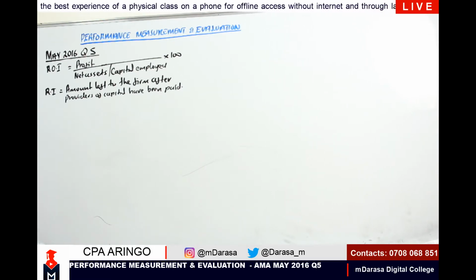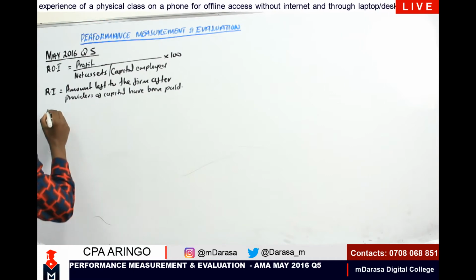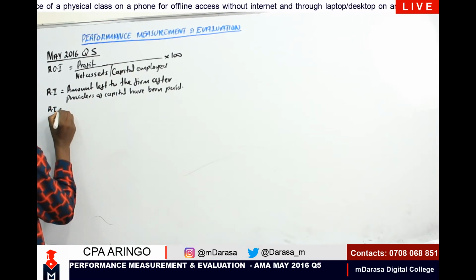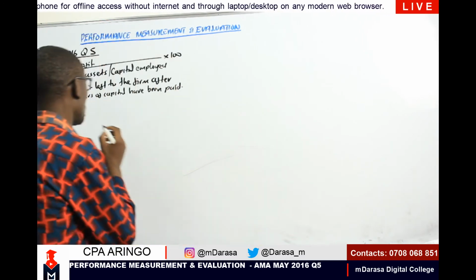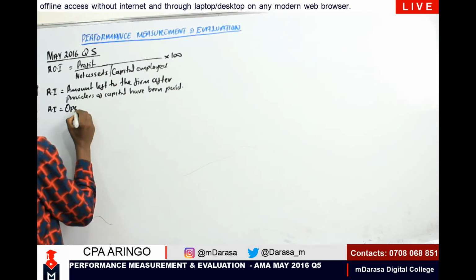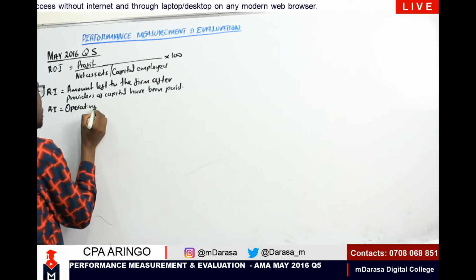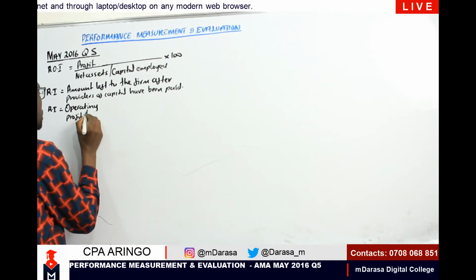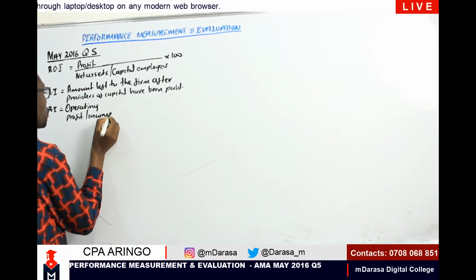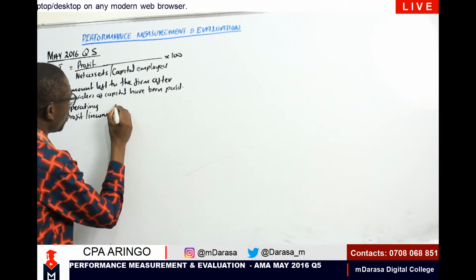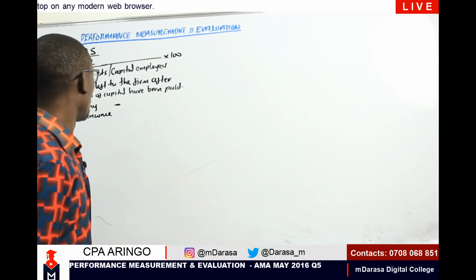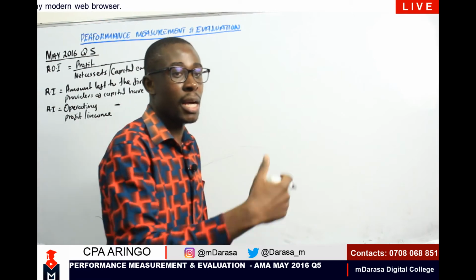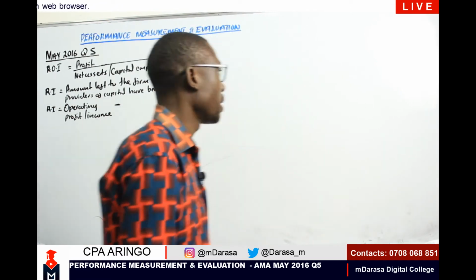And in this case, how will you determine our RI? To determine our RI, first of all, it's upon us to identify our profit. So we're going to talk of operating profit or income. I'm going to take our operating profit or income, and we are going to deduct whatever we paid our investors.